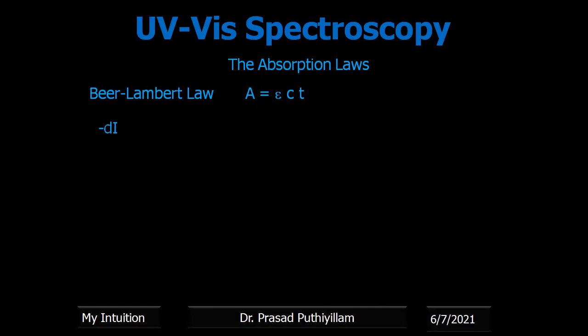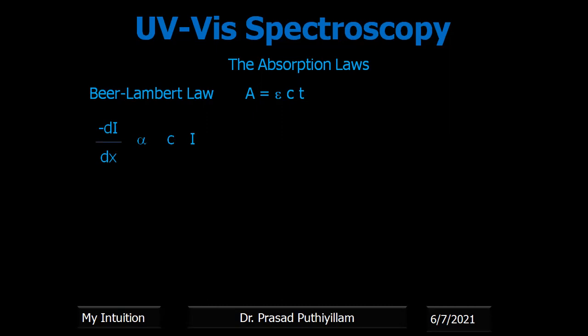So we can say that minus dI by dx, the minus representing that it is decreasing, will be proportional to the concentration of the solution as well as the intensity of light passing through, or the transmitted intensity.